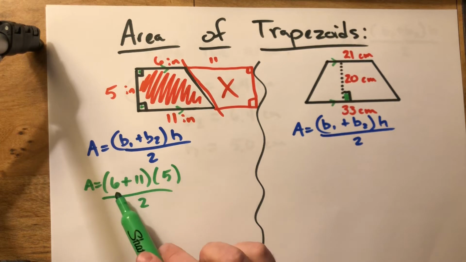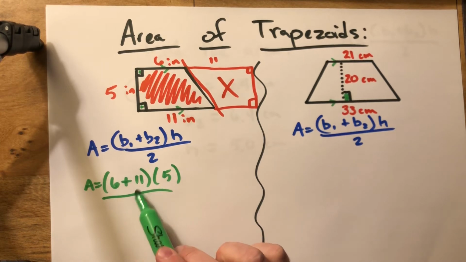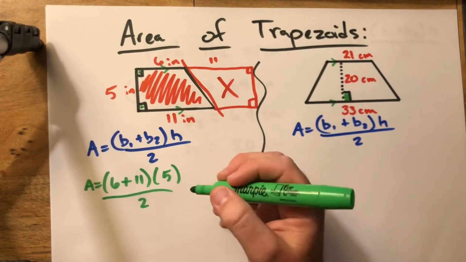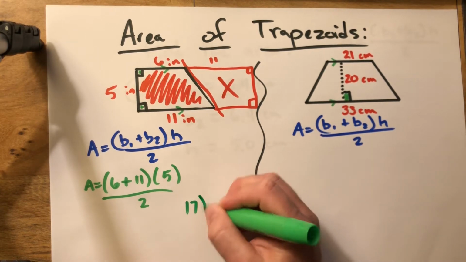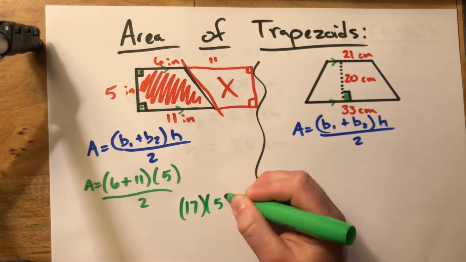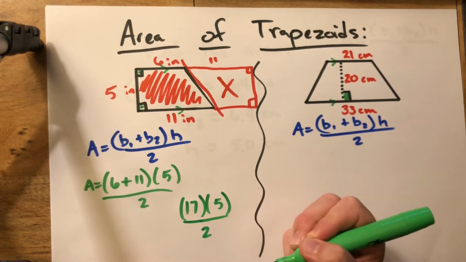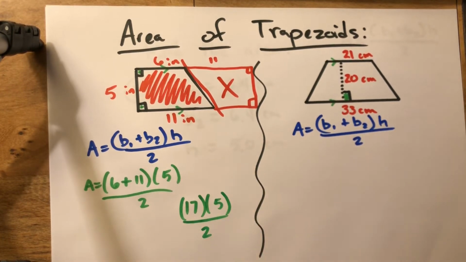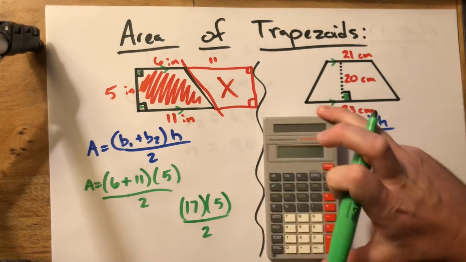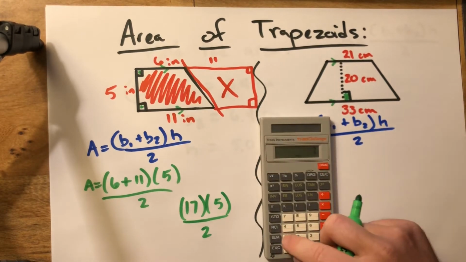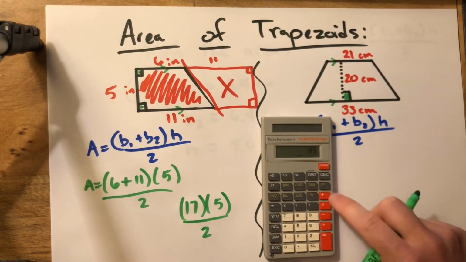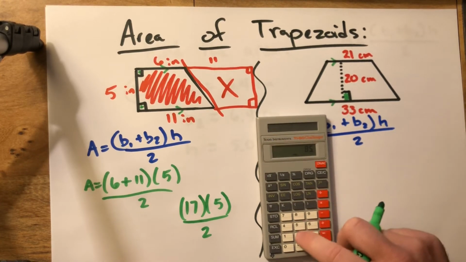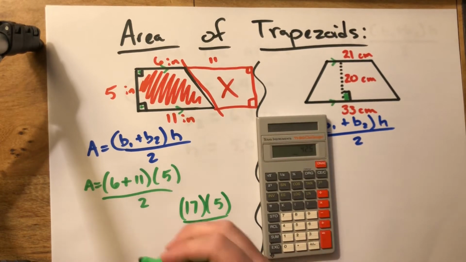So let's go ahead and add this up. Order of operations, we have 6 plus 11 is 17 times the 5, and then divided by 2. Okay, just to make sure you get this correct, you can always use a calculator. Just make sure we got it. Let's go 17 times 5 is 85, and then divide by 2 is 42.5.